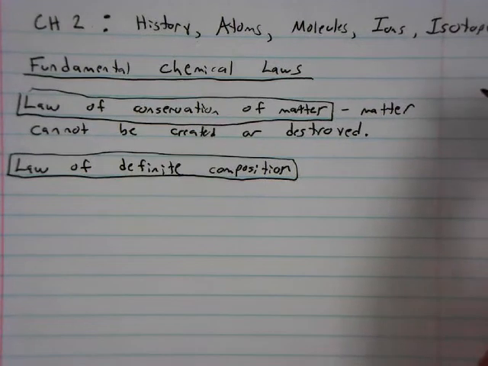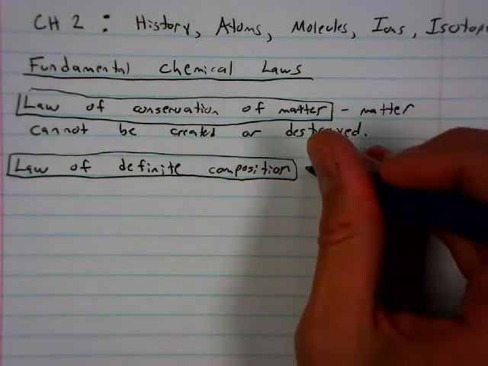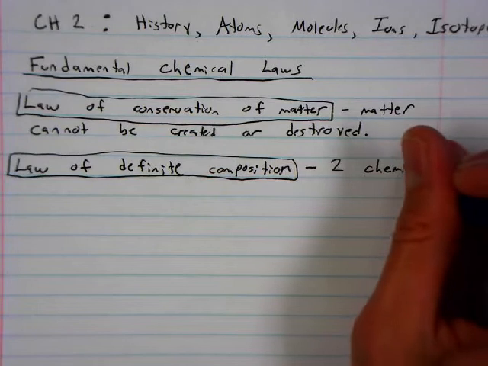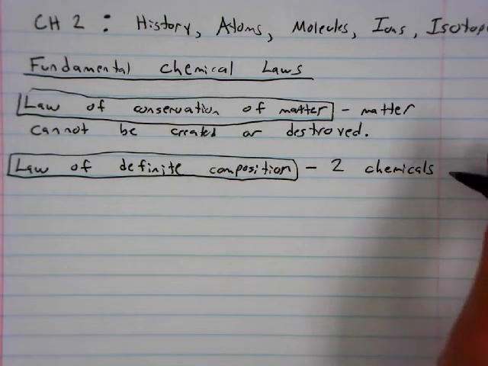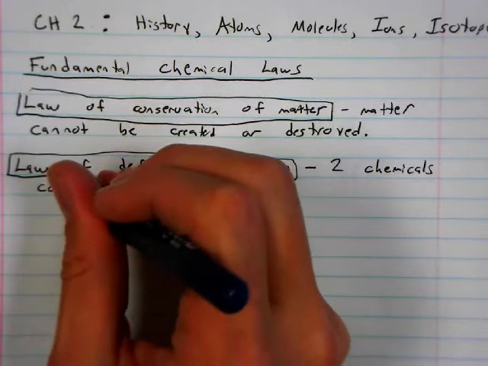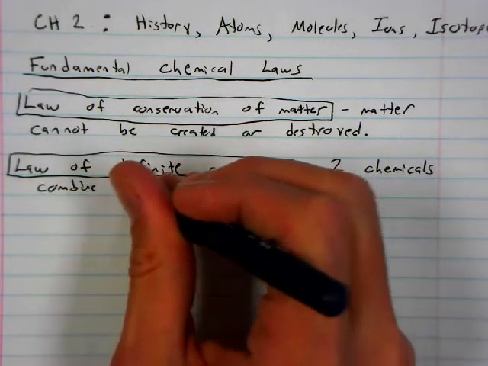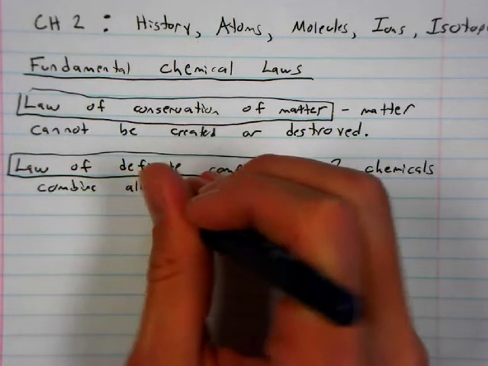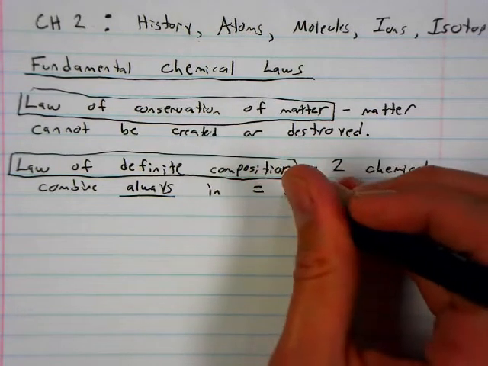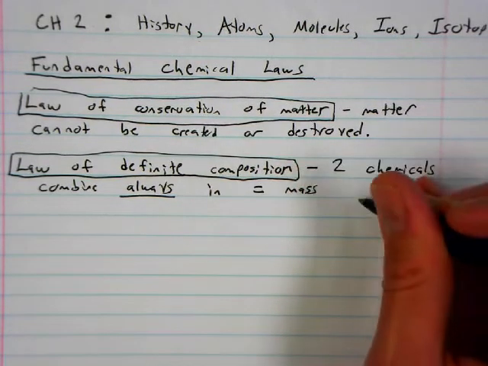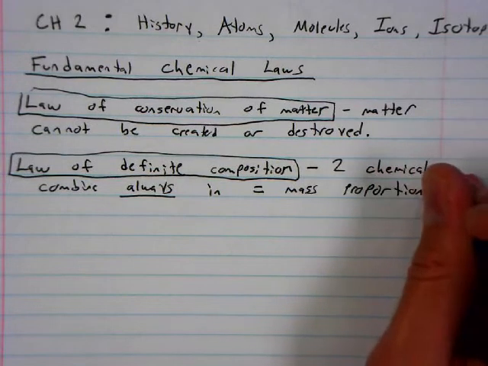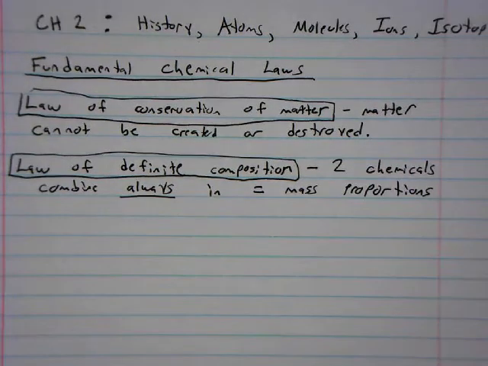The law of definite composition. This might be new to you, CP Chemers. This says that two chemicals, a lot of the times two elements, combine always, so you can underline the word always, in equal mass proportions.